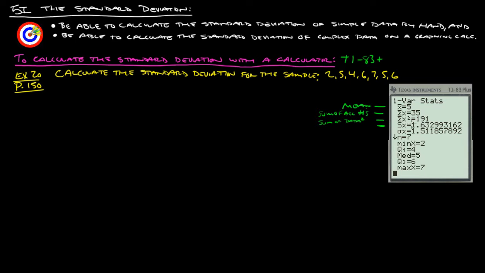This here, Sx, this is your standard deviation if it was a sample. Now, if you actually look here, I'm pretty sure the book has a little bit of an error in here because it says calculate standard deviation for the sample. So truly, this 1.63 really should be the standard deviation if it's a sample.